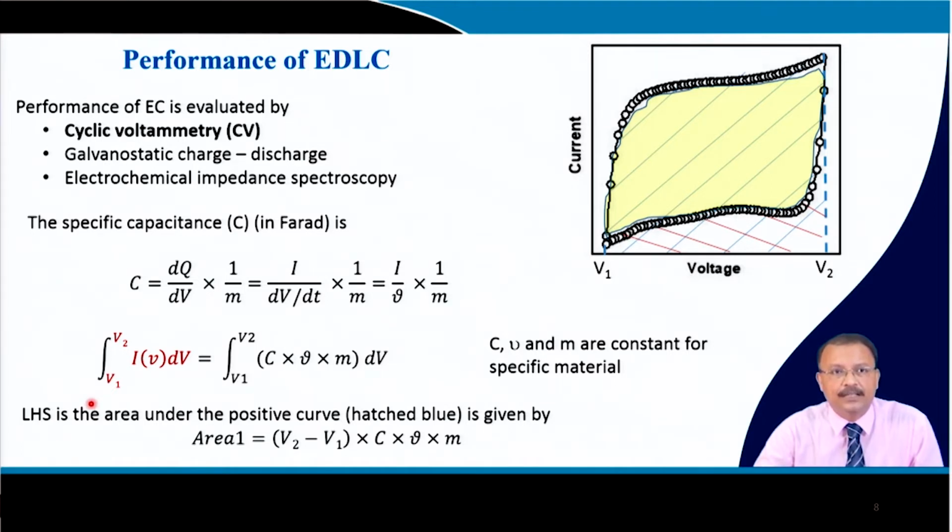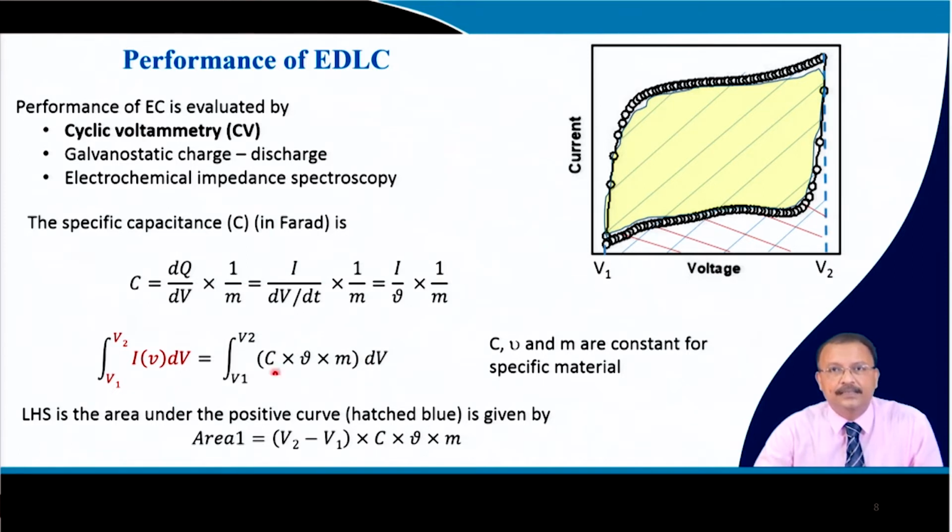If I integrate from V1 to V2, the two terminal voltages of this cyclic voltammetric curve, then I get this relation: C, nu and m, that is dV, from V1 to V2.